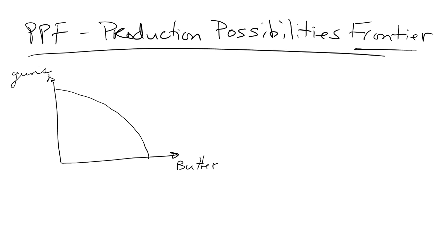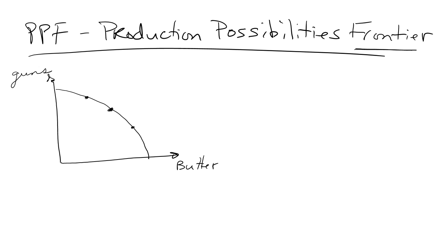And the frontier is showing us that there are limitations to what we can produce within the economy. If we're making sure that all of our resources are actively employed, then we're going to be out here on the curve. And we have choices about how many guns we want, or how much butter we want. But if we're actually using all of our resources and not letting any of them sit around idle, you can't have more of both.